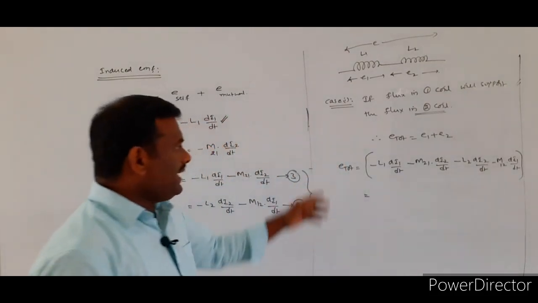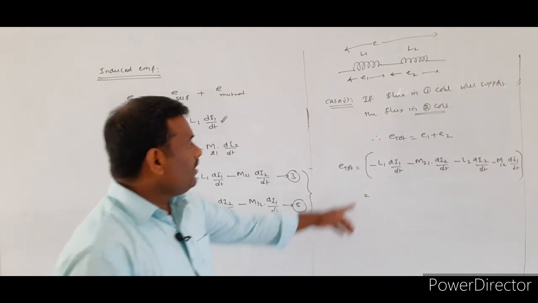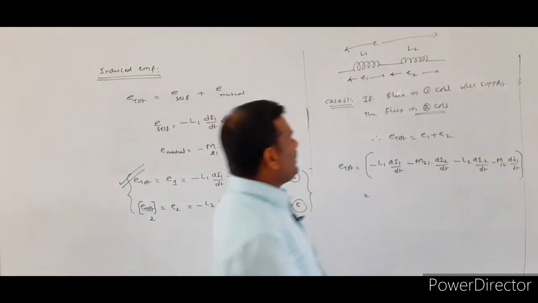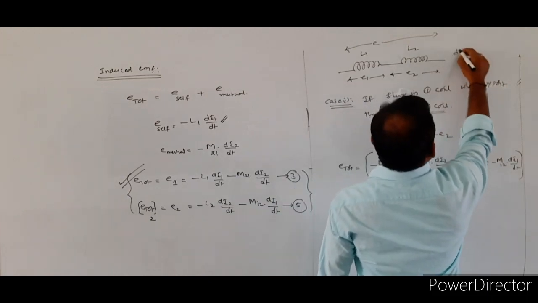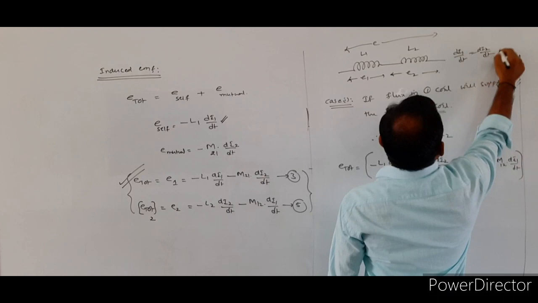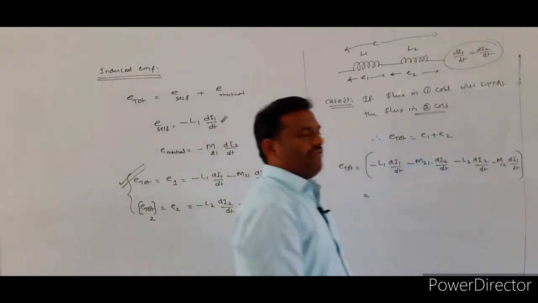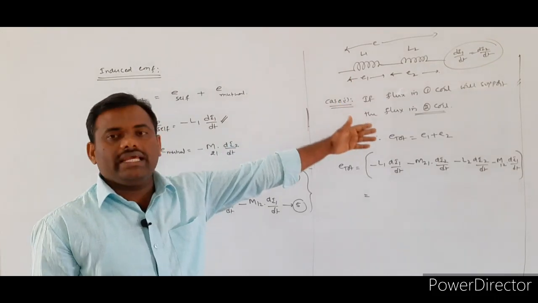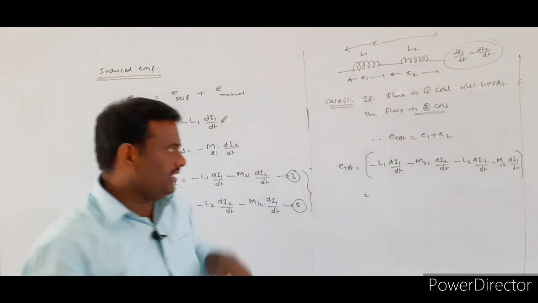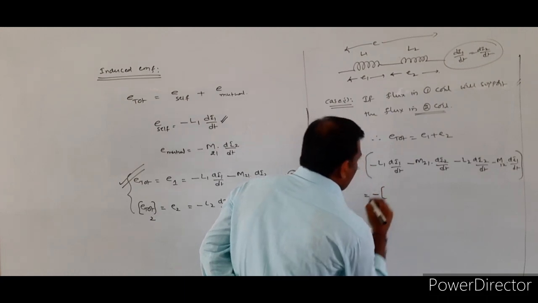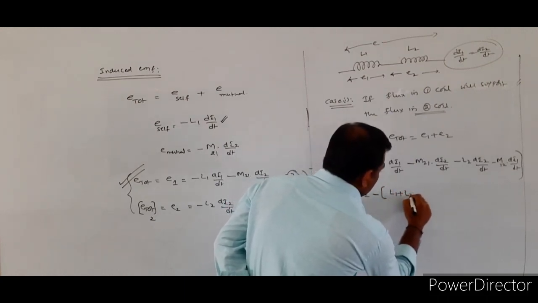See, minus is common, right? Whenever they are in series combination, dI1 by dt is equal to dI2 by dt. So we write minus common, L1 plus L2.